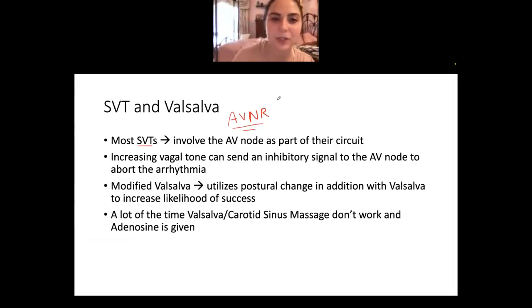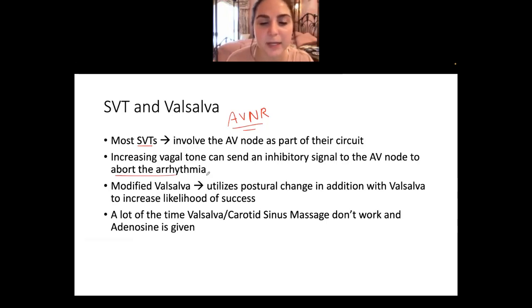And when you have these re-entry circuits, they're going through the AV node, not the SA node. So if you increase vagal tone, this can send an inhibitory signal to the AV node: let's slow it down. By doing this, you're aborting the arrhythmia because you're stopping the amount of excitable tissue that's present. It's slowing down enough that, even if it is re-entrant, it's not going to touch excitable tissue, and then you can't have a signal.